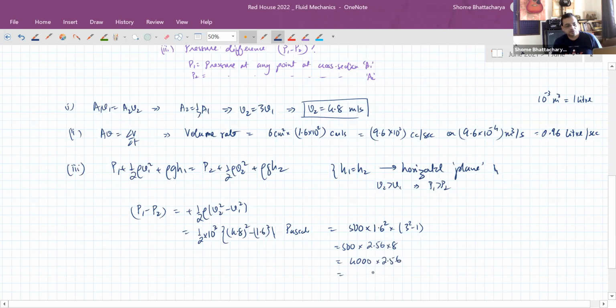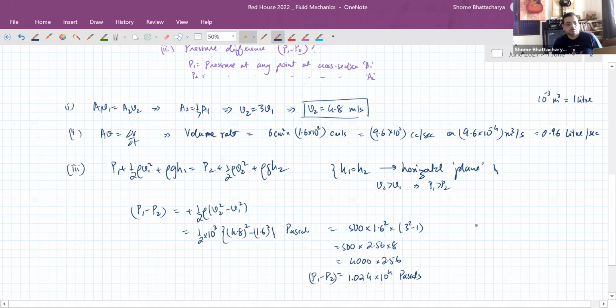Should be a fairly easy calculation to do. So this is the pressure difference.